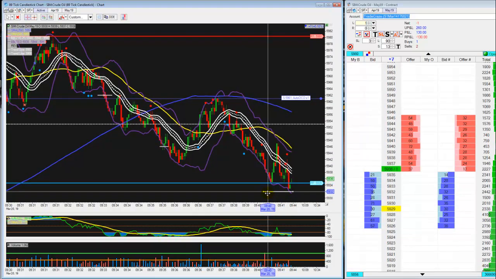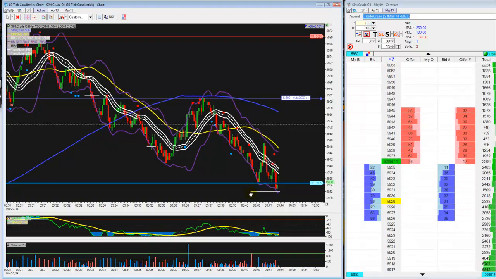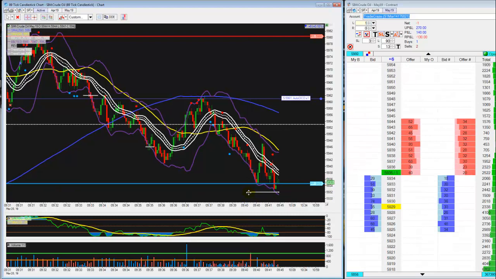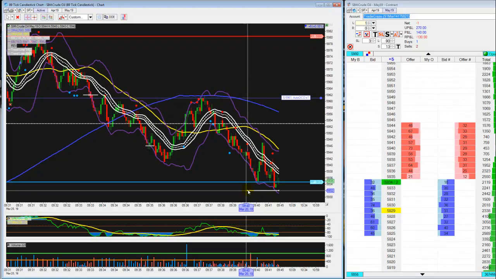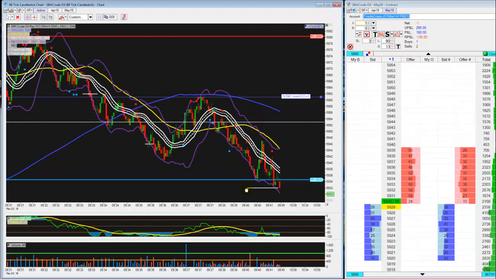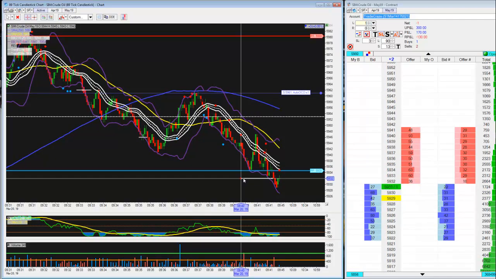Down to it, not through it. Down to it and through it. 2P hit.